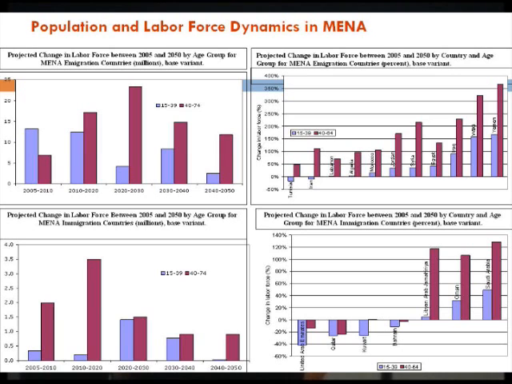And then we can also see on the second graph, upper level on the right-hand side, that the situation varies a lot between countries, in percentage of the labor force, because by 2050, some countries are going to start to see some decline in the youngest age groups. The lower graphs show the population of the MENA immigration countries who are going to compete with the rest of the world for labor, because they are importing labor and they will continue to.